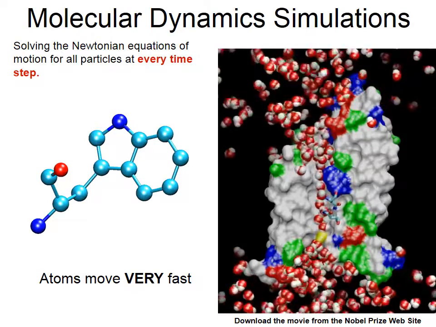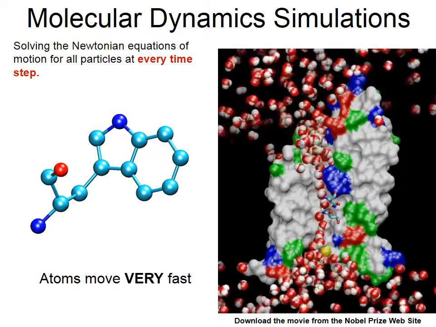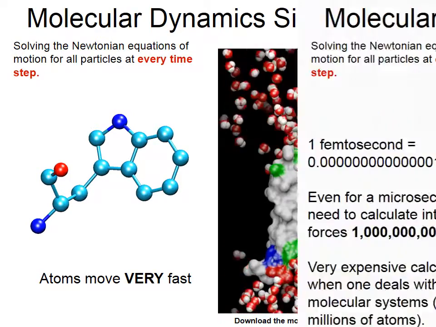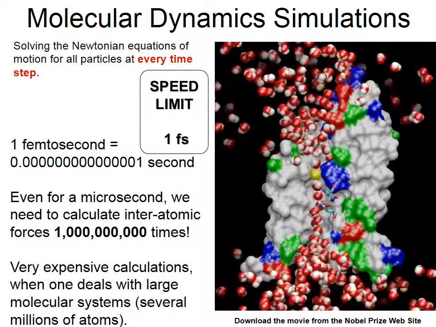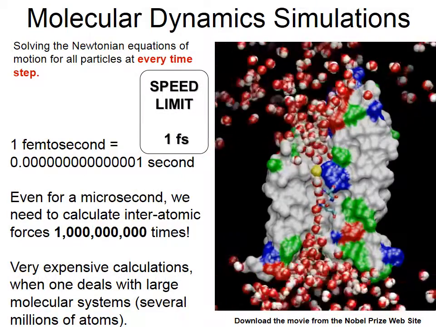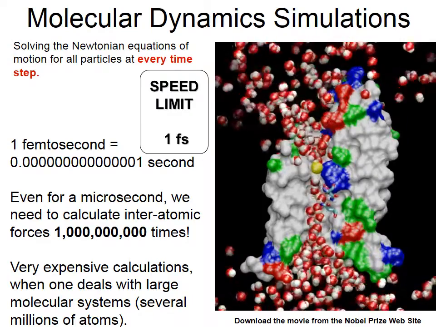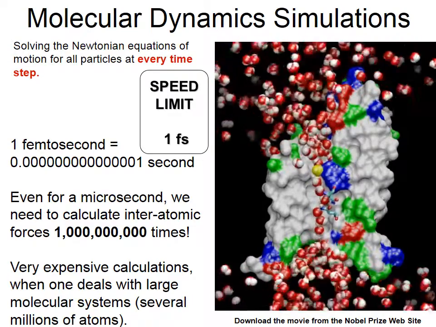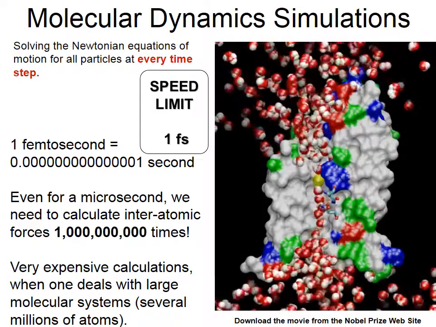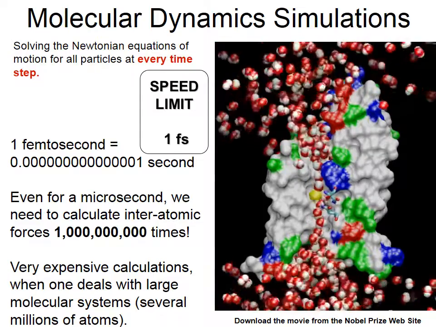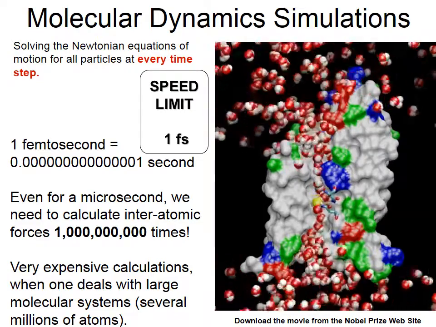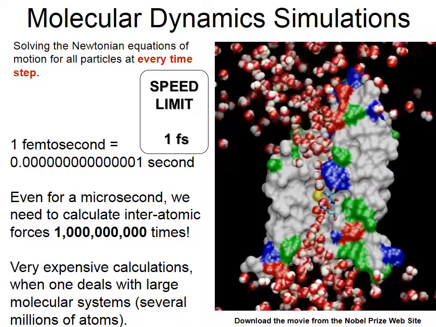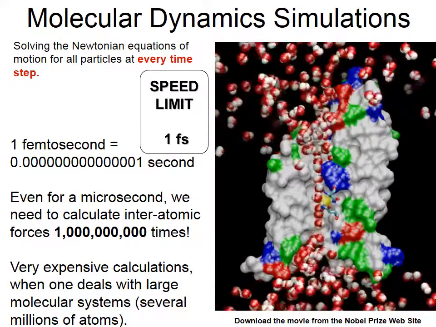For this reason, first of all, because atoms move very fast, in this type of calculations, which are known as molecular dynamic simulations, we have to take a very, very short time step, 1 femtosecond, that's 10 to the minus 15 seconds. So every 10 to the minus 15 seconds, we have to calculate the interaction between all the atoms in the system. So you can imagine how expensive this kind of calculation is.